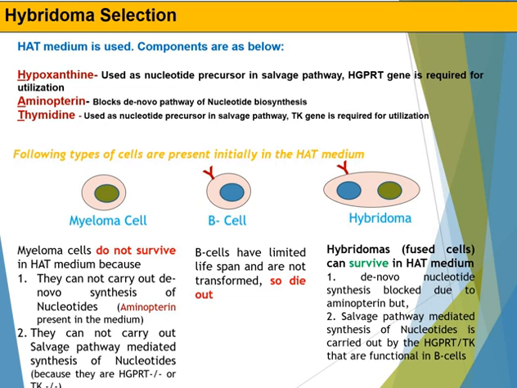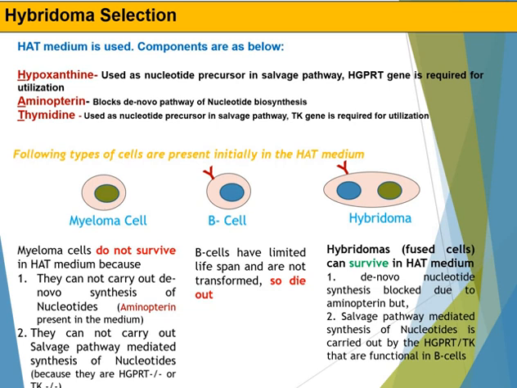Now it depends solely on the de novo pathway, but the other component of the HAT medium is aminopterin. What is aminopterin? That is an inhibitor of the de novo pathway. So for a myeloma cell growing in HAT medium, the de novo pathway is already blocked because aminopterin is a poison for the de novo pathway.